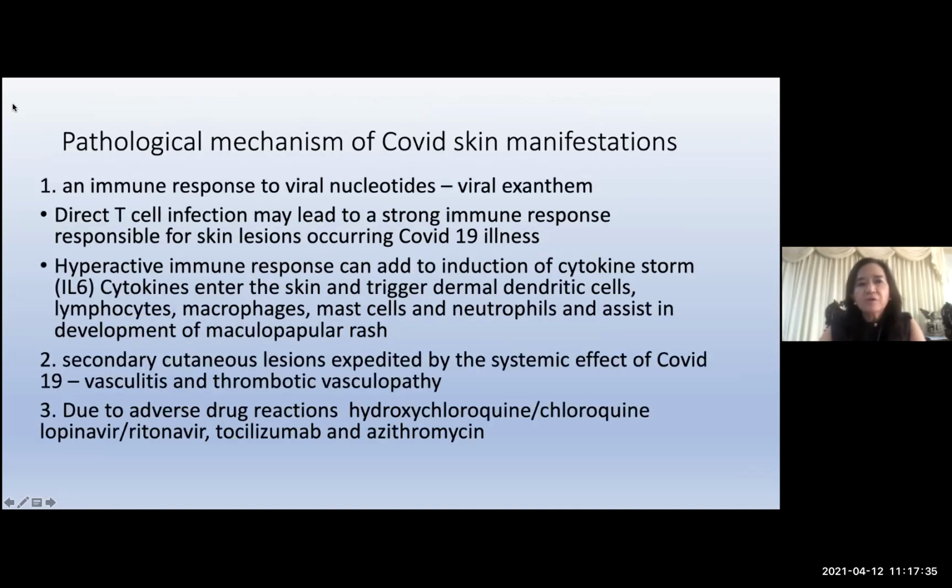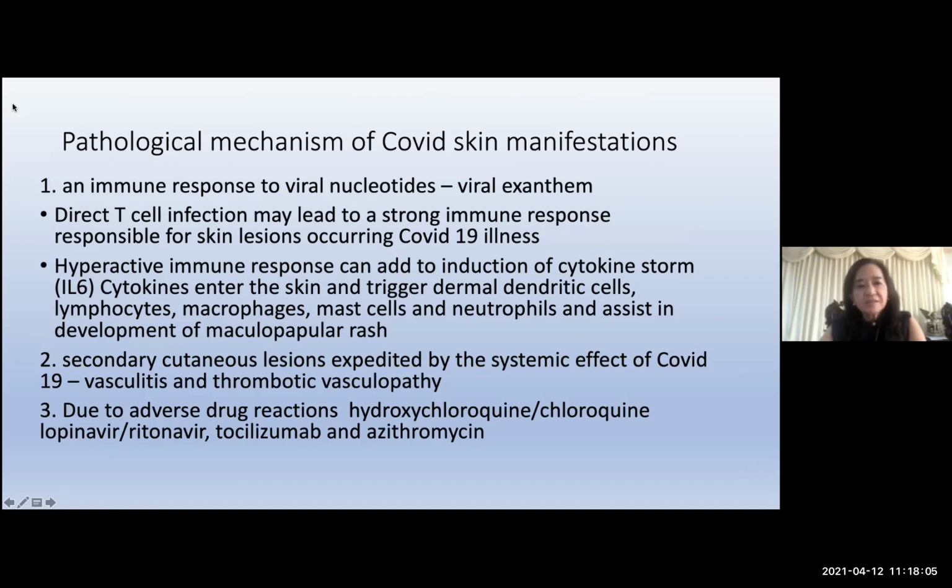What are the pathological mechanisms of COVID skin manifestations? The first one would be an immune response to the viral nucleotides, or the viral exanthem. So the direct T cell infection may lead to a strong immune response responsible for the skin lesions occurring in COVID-19 illness. The hyperactive immune response can add to the induction of the cytokine storm, or interleukin 6.